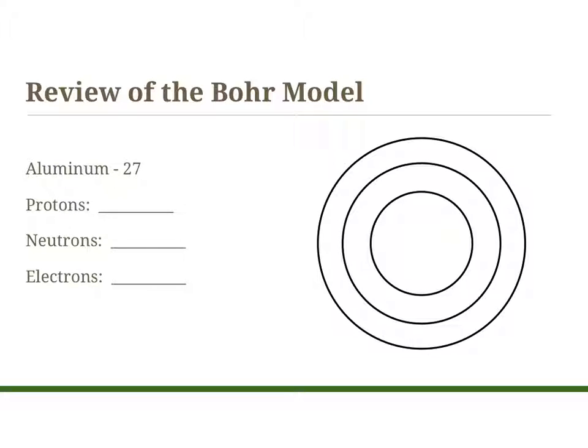So remember that with the Bohr model, one of the things that you were asked to do was to identify the protons, neutrons, and electrons. When we knew that the element, in this case, is aluminum, and its mass number was 27, we could use the periodic table to determine the atomic number.